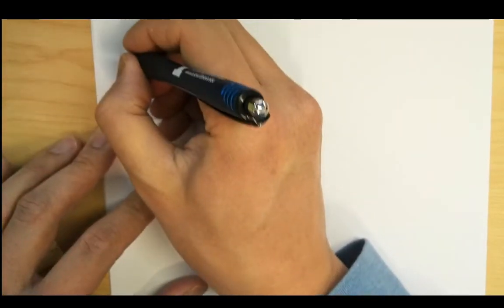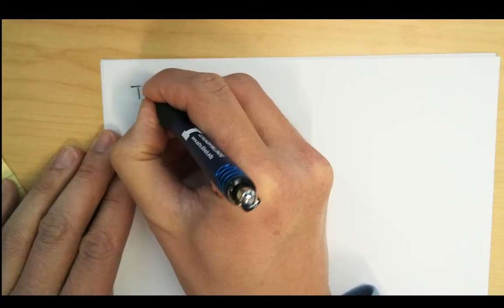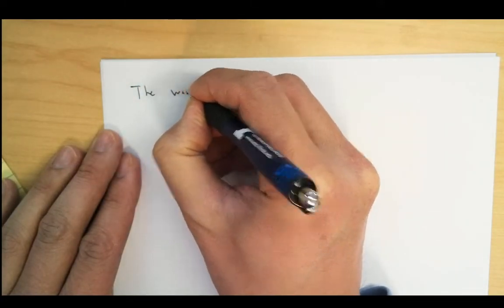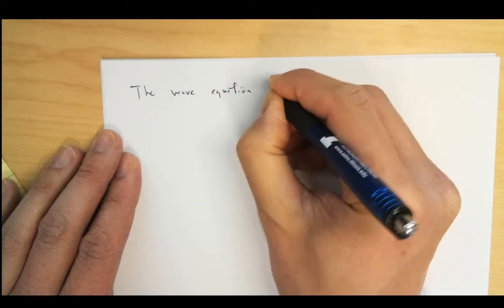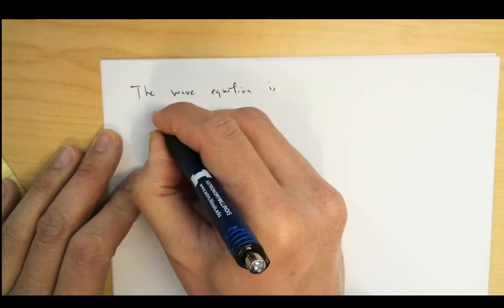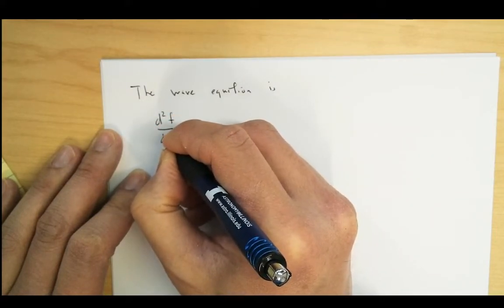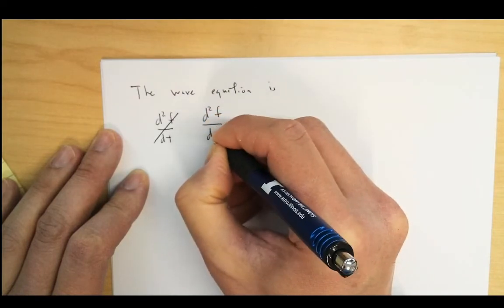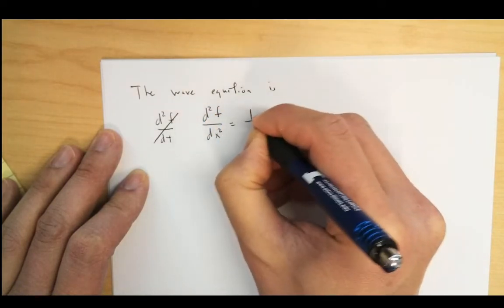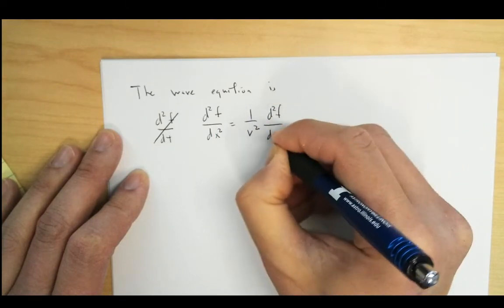So the wave equation is: d squared f dx squared is equal to 1 over v squared times d squared f dt squared.